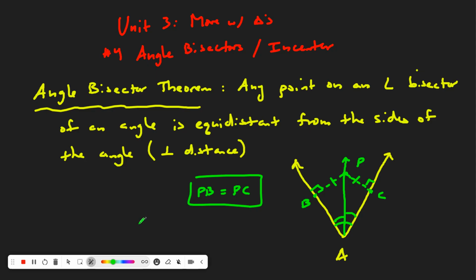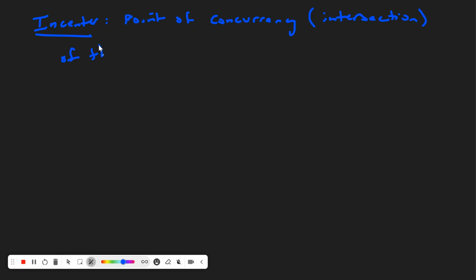Okay, so how is this going to help me find the incenter? Well, let's read on. We are looking for what's called the incenter, the point of concurrency, and again, that just means intersection, of the angle bisectors of a triangle.